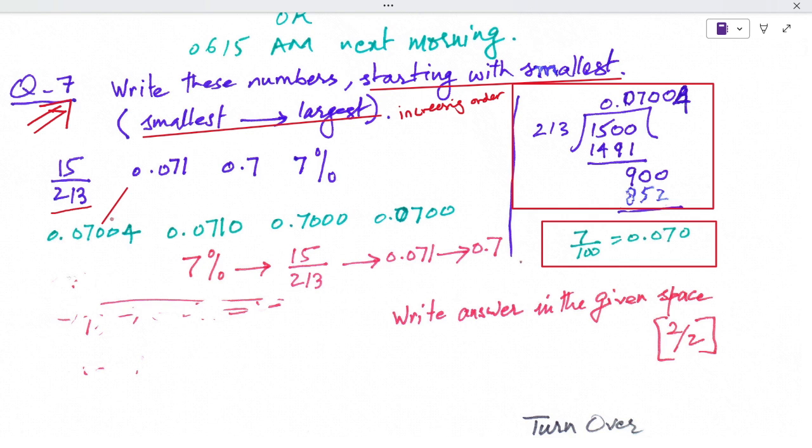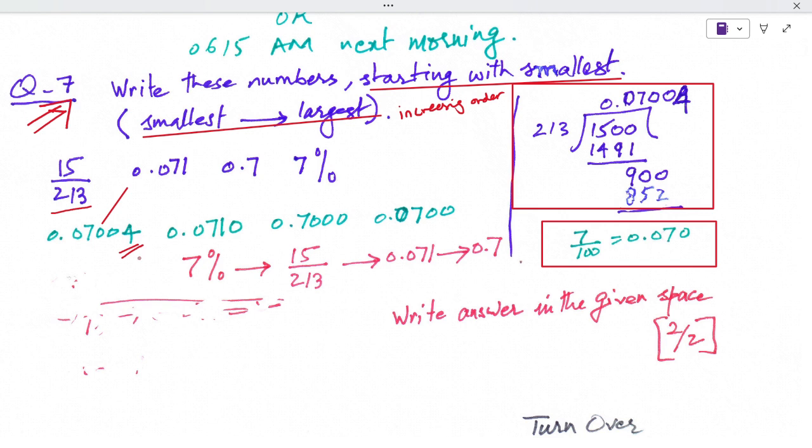So we come to know that 7% is the smallest number because it is 0.0700. Then is 15 over 213 because it is 0.07004. There is a 4 at the end of 15 over 213 at the 5th decimal place.